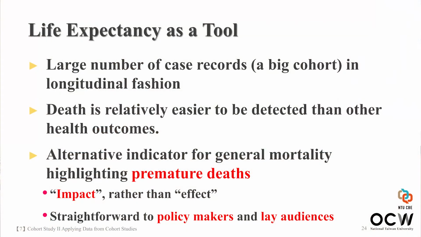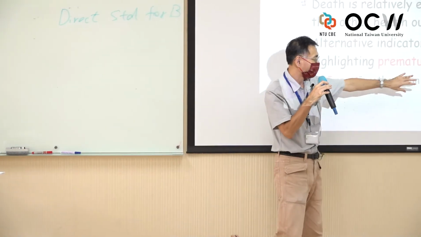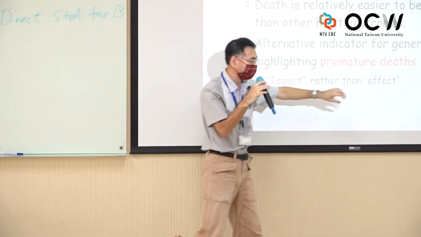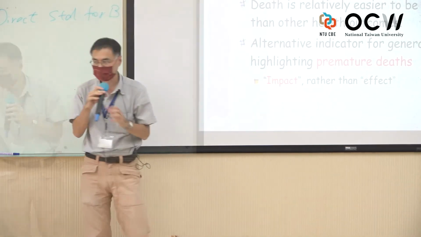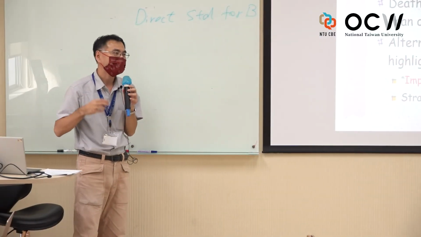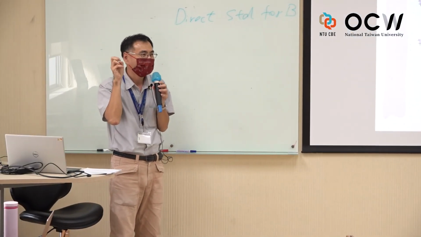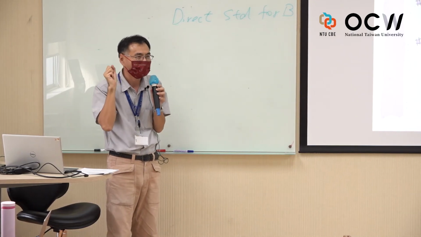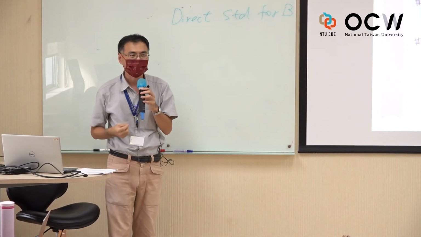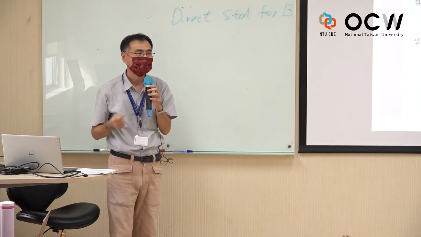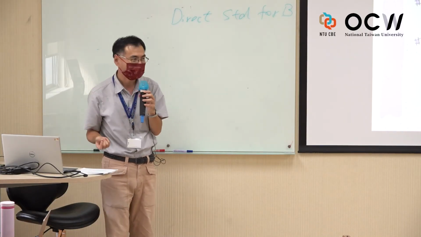And it's an indicator to show the impact rather than just effectiveness. So the estimation of relative risk is more about effect, but here we are talking about impact. It's more straightforward, although it's not so etiologic or epidemiologic. But it's something easy to be understood by the public. So that's why it's pretty useful.